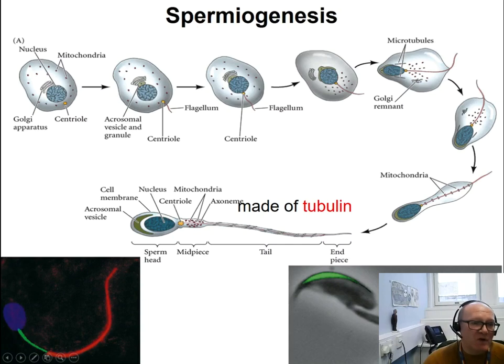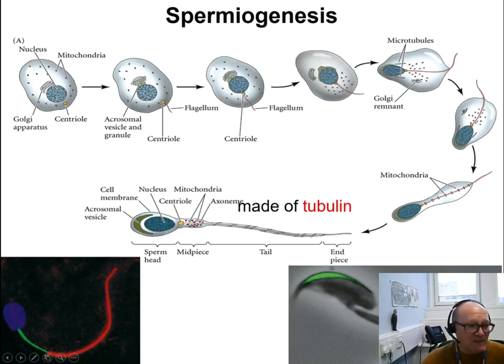When the Golgi apparatus finishes producing the acrosomal vesicle, the Golgi apparatus is discarded, and most of the cytoplasm of the spermatocyte is also removed and discarded, but some cytoplasm remains, changes shape, and covers most of the flagellum that is produced by the centriole, until we have the formation of the mature spermatozoon that is released in the seminiferous tubule.